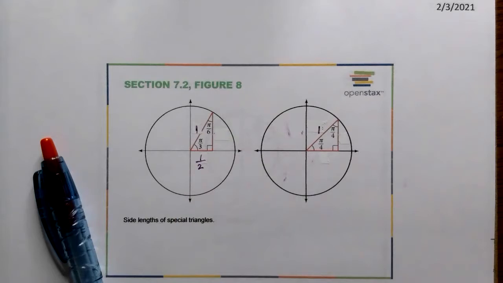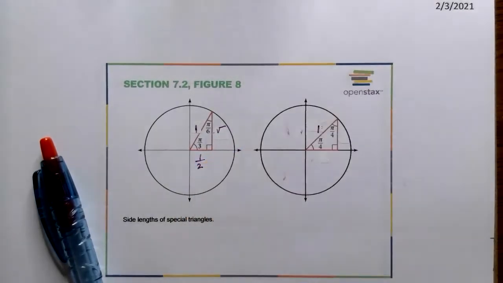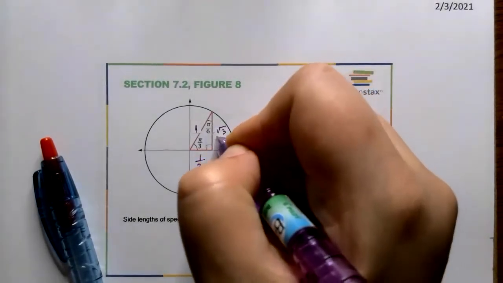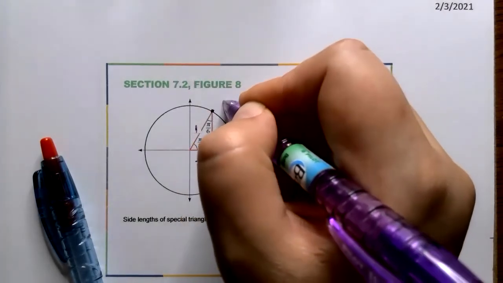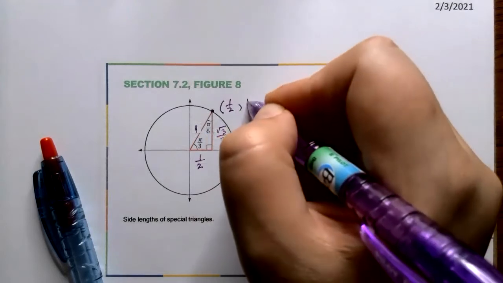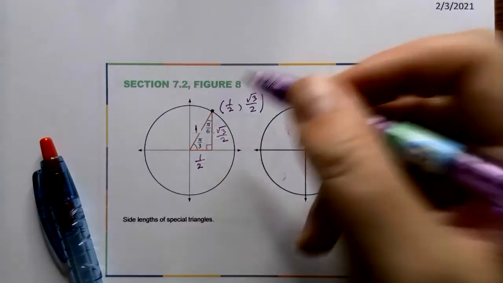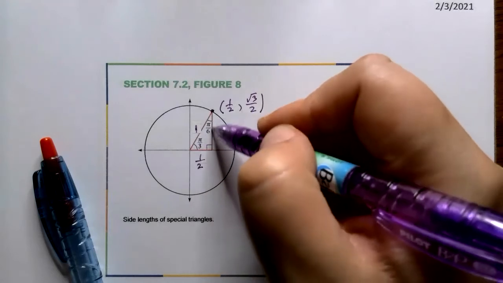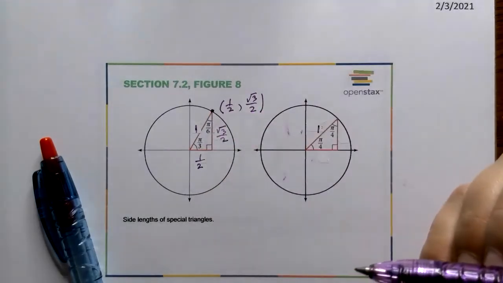And this side is going to be square root of 3 over 2. So this point right here would have coordinates of 1/2 and square root of 3 over 2. Right? So this is the x coordinate, this is the y coordinate of that point right there.